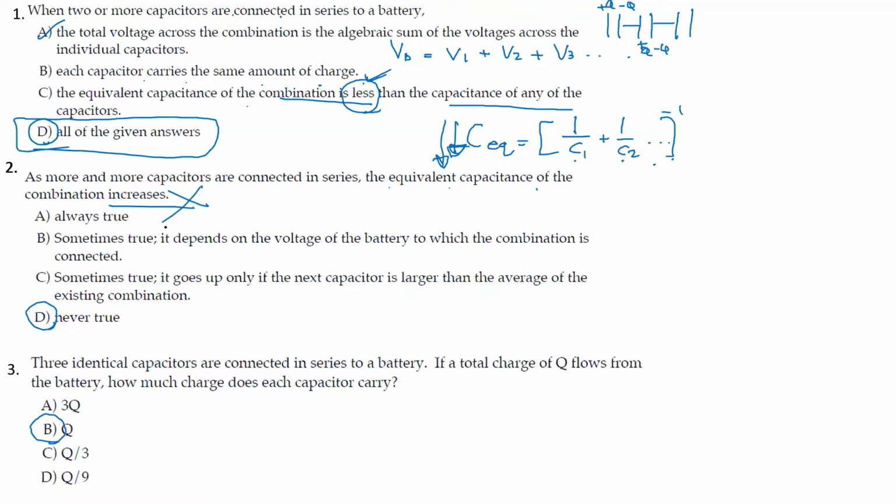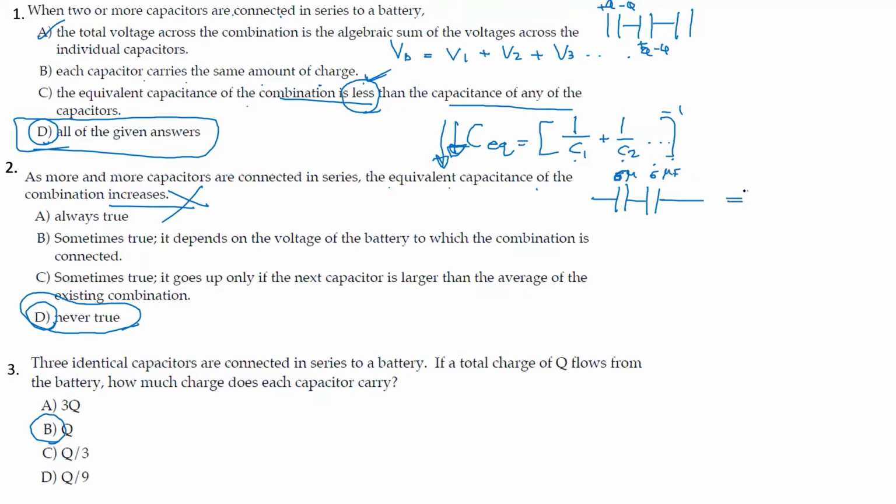It never happens. So the answer is never true. Always it drops. Even if you have equal capacitors, let's say you have 2 equal capacitors, 6 microfarads and 6 microfarads.